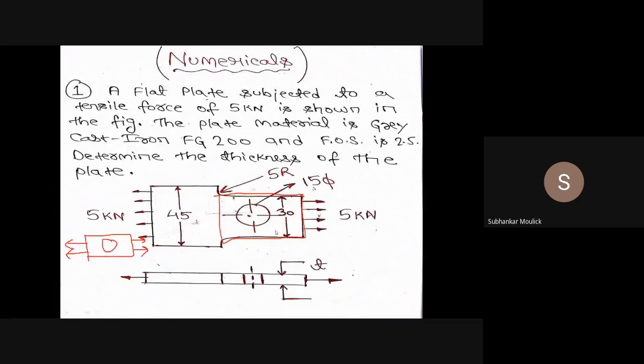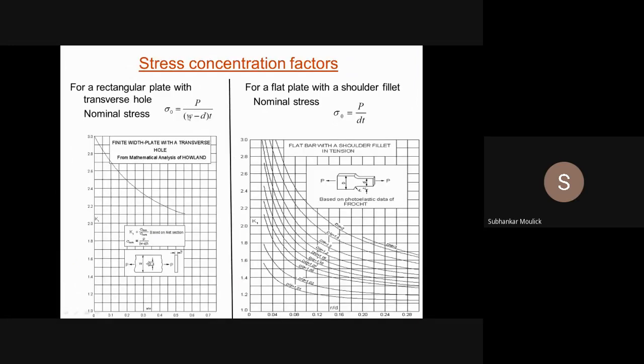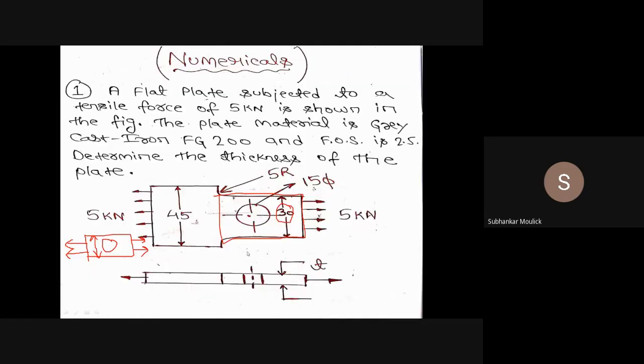See, in our case, this is the width, and that value of width is how much? 30. So in place of W, I will replace 30. And what is D? Can you tell me what is D? Sir, D is 30 mm.